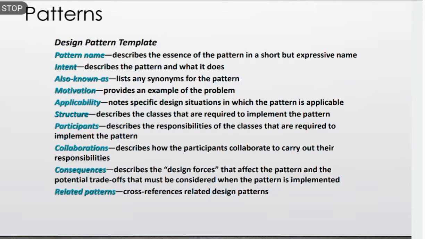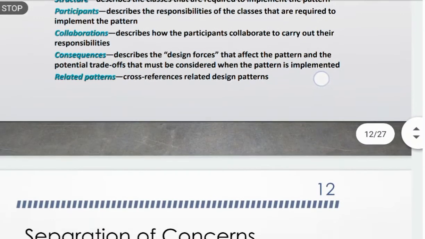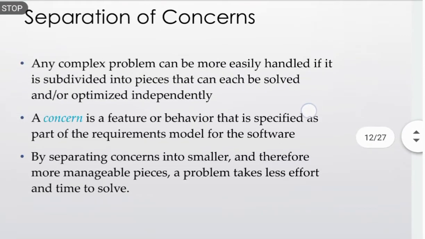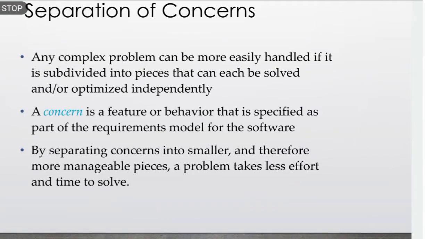If you are going to design your pattern, you need to follow some design templates, such as the pattern name and all the templates listed below. Now the next one is separation of concerns. Any complex problem can be more easily handled if it is subdivided into pieces that can each be solved or optimized independently.